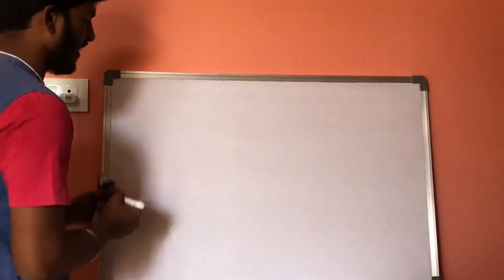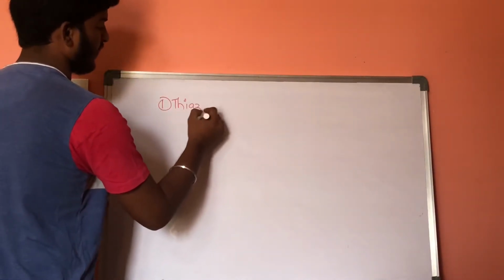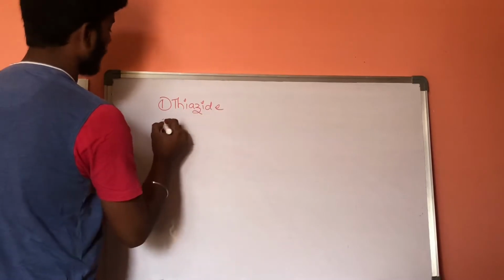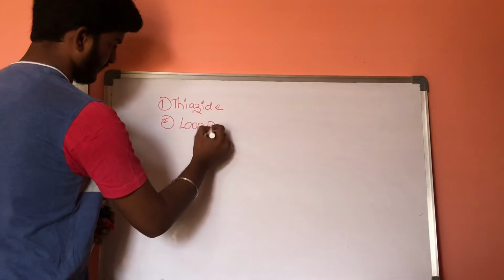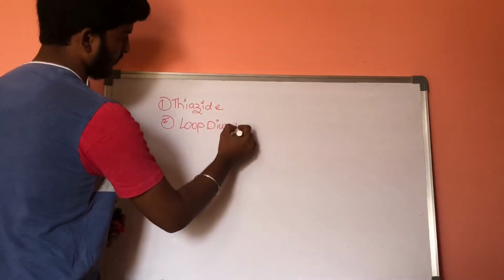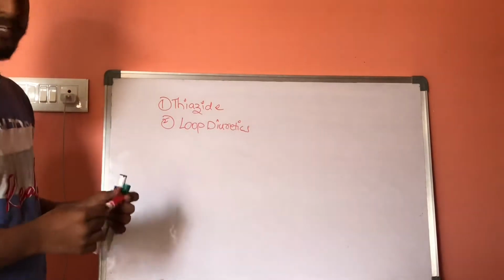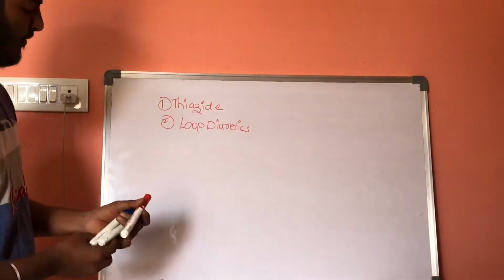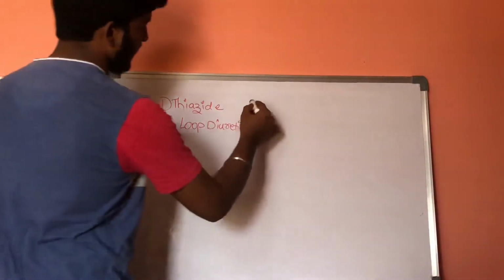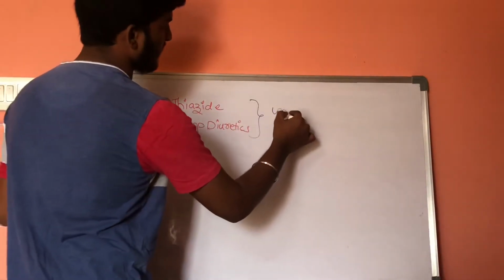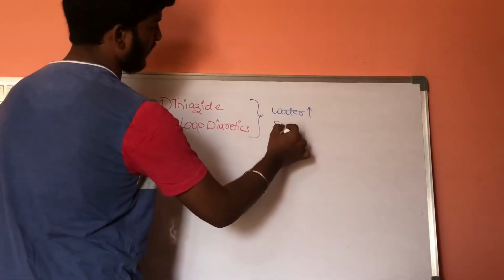Examples for diuretics are thiazides, and the second one is loop diuretics. These are the two diuretics, and the main motto of these thiazides and loop diuretics is that it increases the water level and solute concentration.